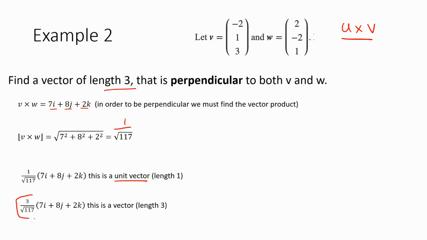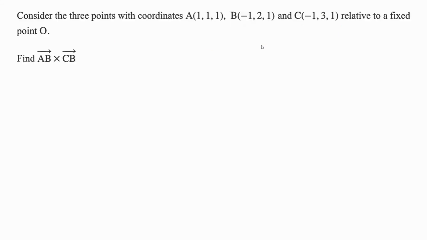So then this would be a vector of length 3 that's perpendicular to both of these two vectors. It's pretty hard to see in your head what's going on. You just have to trust the method. But it's not too hard to calculate, actually.